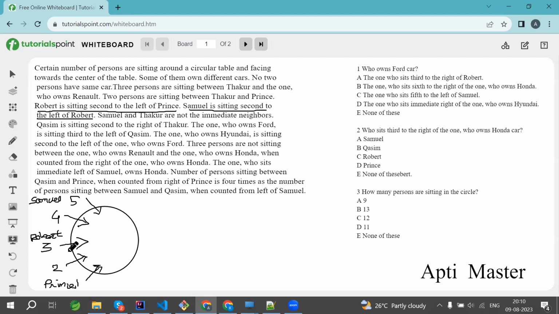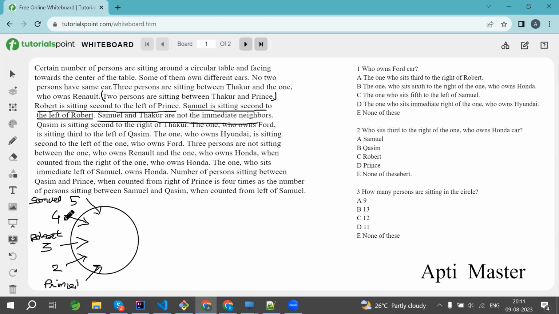Samuel is there. Now two persons are sitting between Thakur and Prince. And here you can also see that Samuel and Thakur are not immediate neighbors.